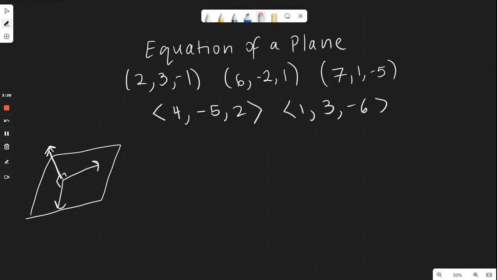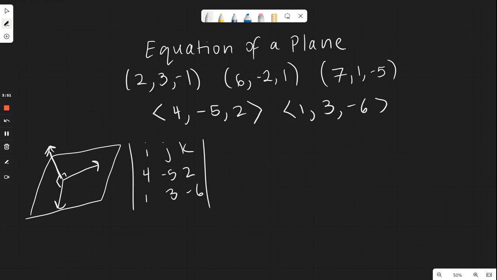So let's take the cross product. Remember, we put I, J, K at the top, and then we fill in this matrix with our vectors. We want to take the determinant, and remember, when we take the determinant, we cross out the row and the column corresponding with the letter that you're solving for.